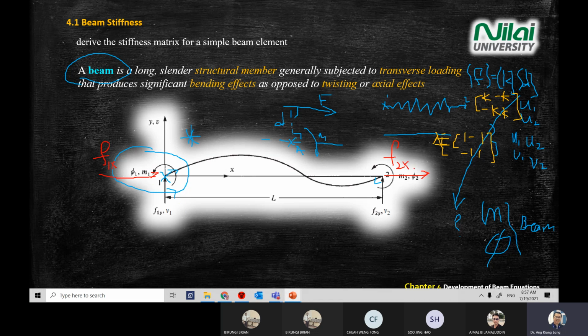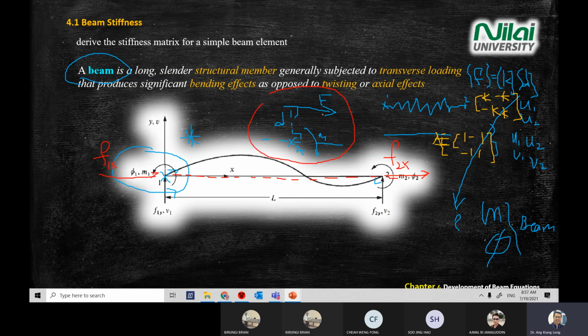However, these two forces will not contribute to the moment and twisting angle, because they act along the body of the structure, and they do not contribute to your moment or torque.